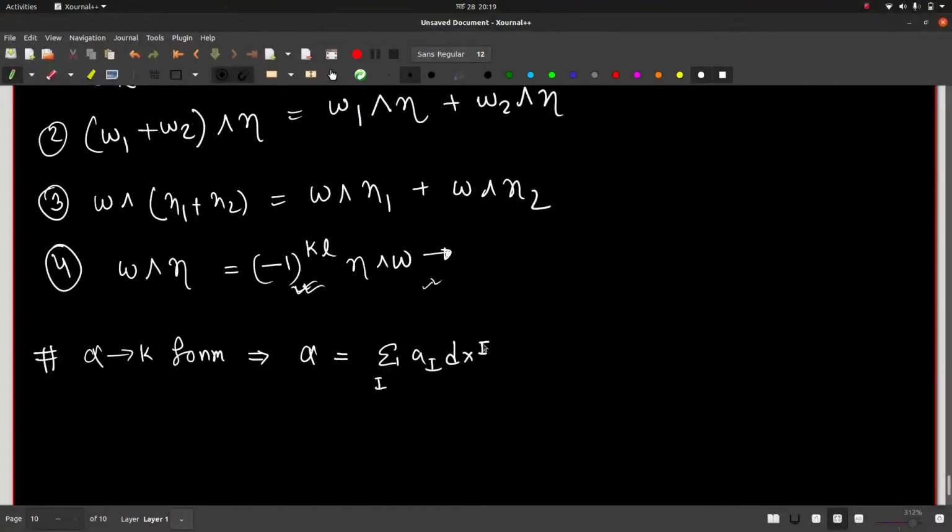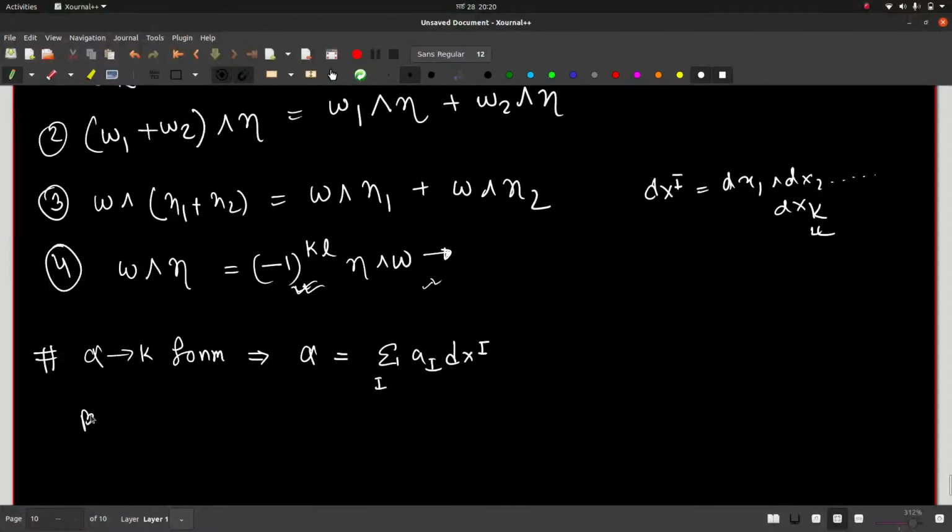Again, this is a k form, right? So don't get deceived by this dx_I over here. All of this will have k elements, and then there will be a summation. So this dx_I is actually something like dx1 dx2 up to dxk, like this. And then the coefficients are summed over with these differential k forms. So this is one way of simplifying your notation.